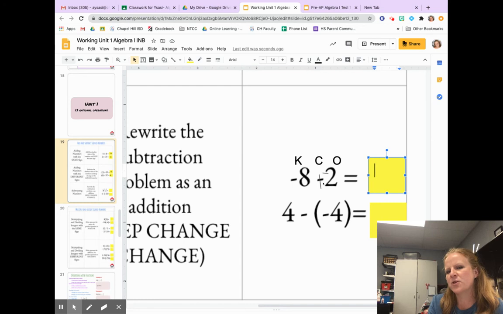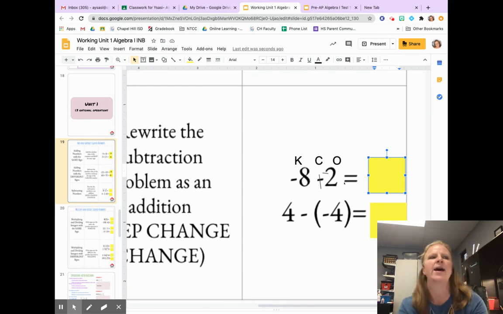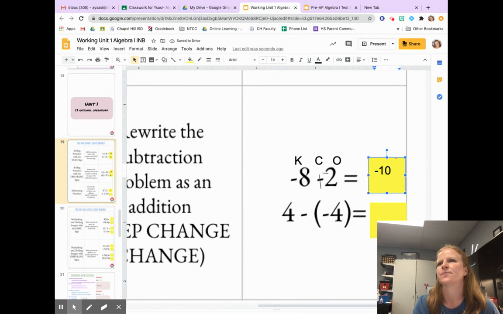Okay, so -8 plus a -2. So it's an addition problem. The signs are the same, so we're going to add them, 8 plus 2, and then keep the common sign. So it'll be a -10. Make this bigger. Oh, I went too big.